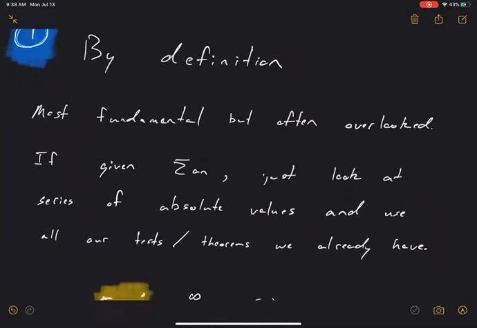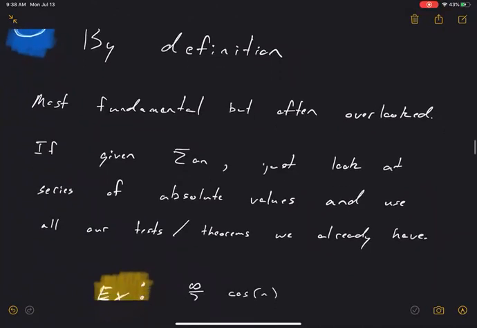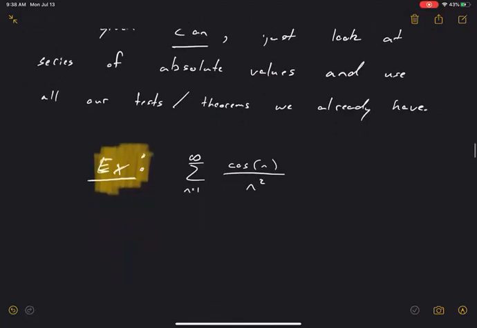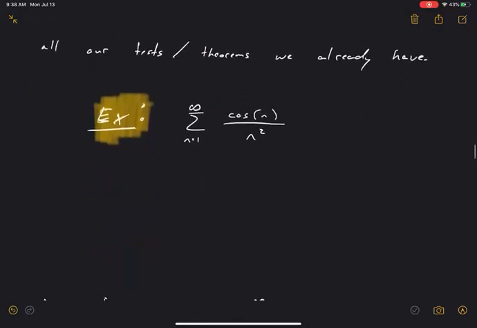But this is a really useful tool and you're going to need it. So if we're given a series a sub n, how do we show it's absolutely convergent by definition? We just look at the series of absolute values and use all our previous tests or theorems to determine whether it's convergent or divergent.